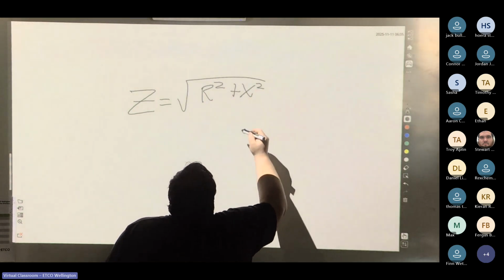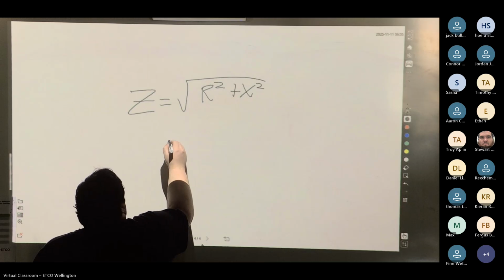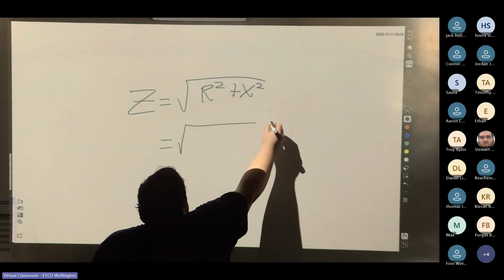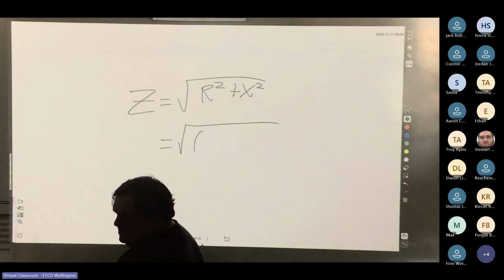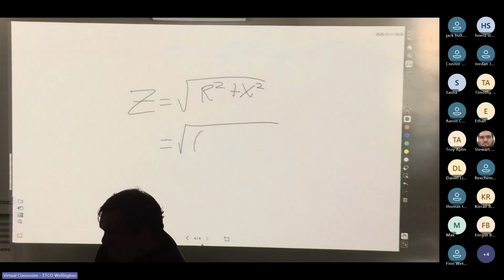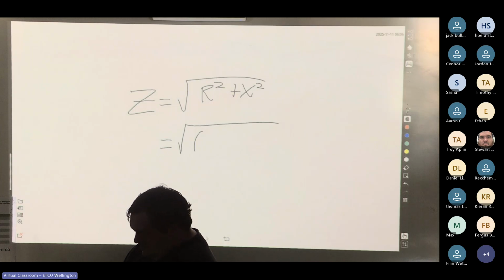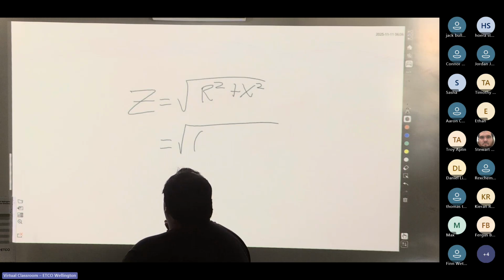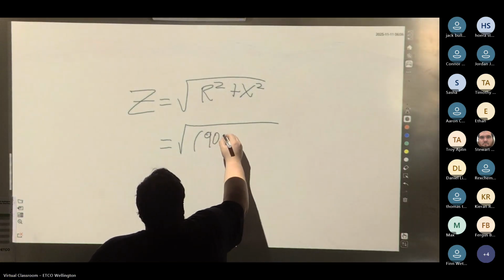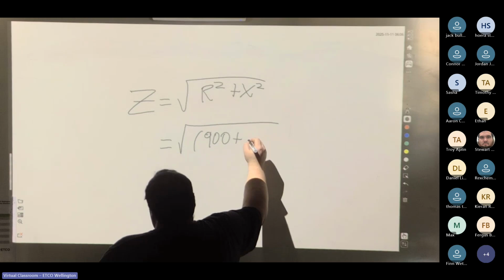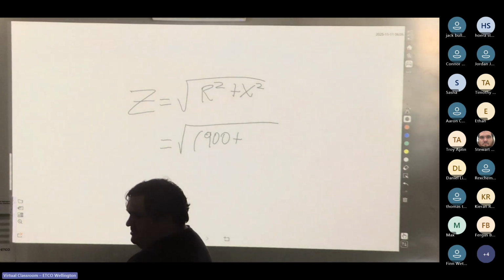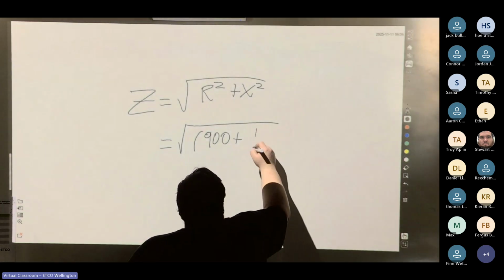In this case it's XL, but we can just use X. So that results in the square root of, so our resistance is 30 ohms. So easiest way, if you don't have a calculator, you can just go 30 times 30, because square just means times itself. So that ends us with 900 plus, so our reactance is 40. So 40 times 40 gives us 1600.